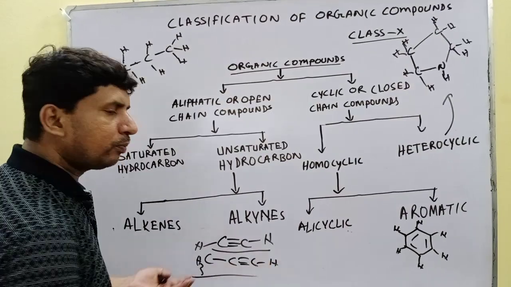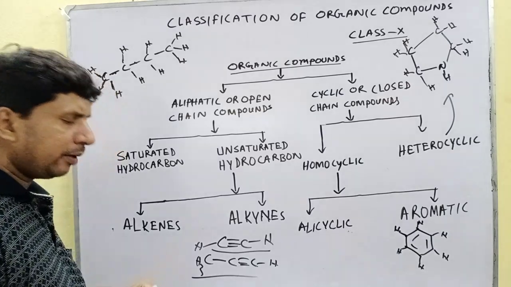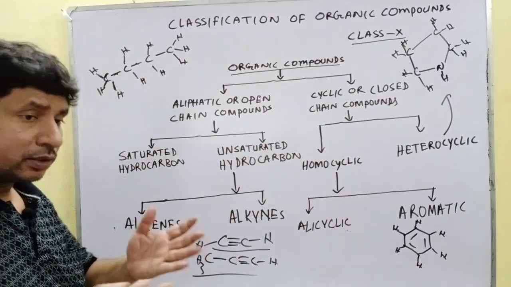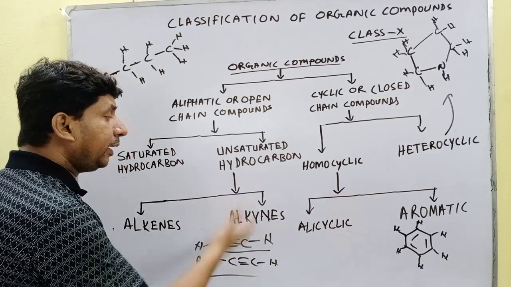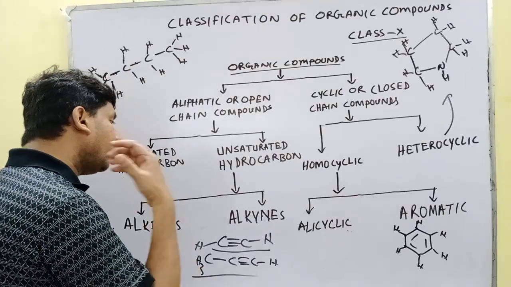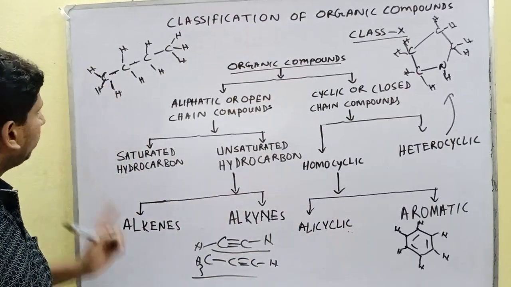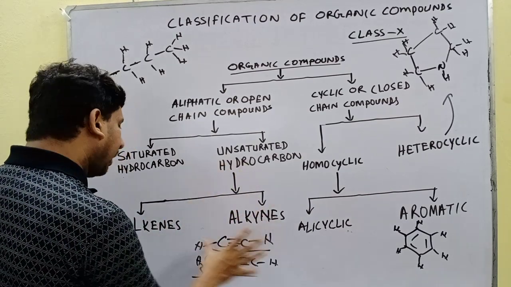This is known as propyne. There are so many names and compounds, and I will discuss them in the next video. Triple bond containing hydrocarbons are always alkynes, and double bond containing hydrocarbons are always alkenes.